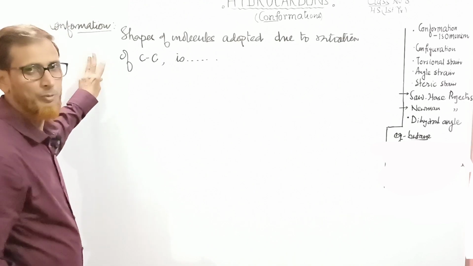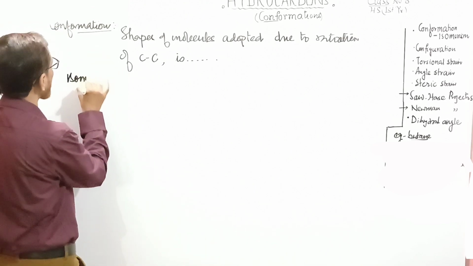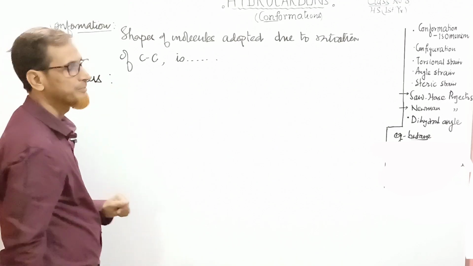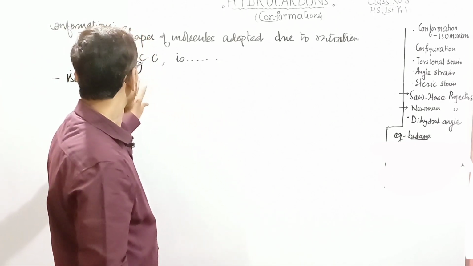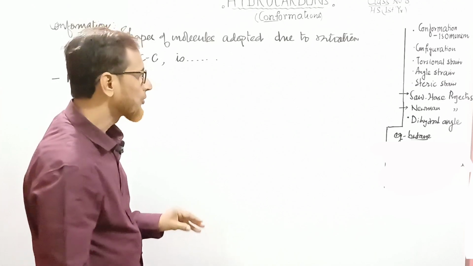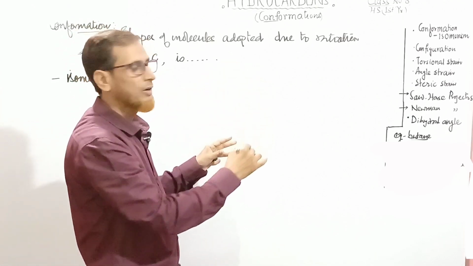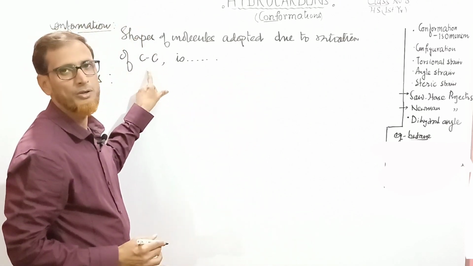I will tell you in elaboration. Now, what are conformational isomers? These are the isomers due to spatial arrangement owing to rotation around carbon-carbon single bond.